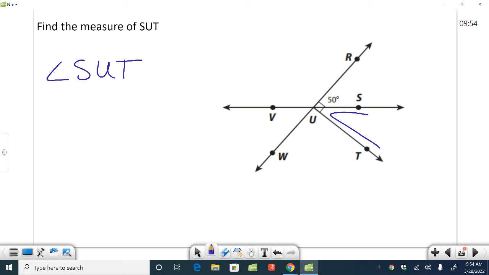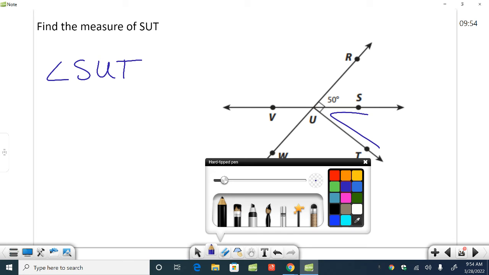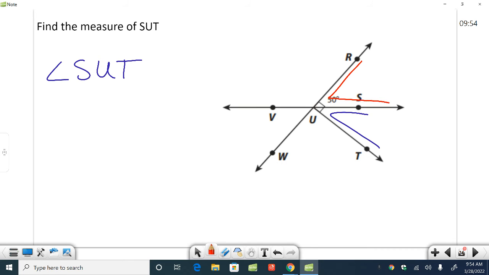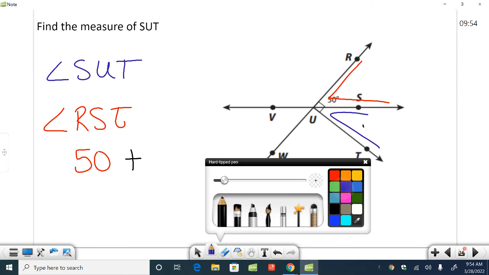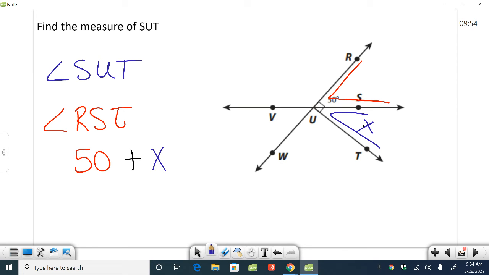So in order to get angle SUT, you have to be able to find out what RST is. And RST, so that's 50 plus, we don't know what this one is, equals, how much does it equal?